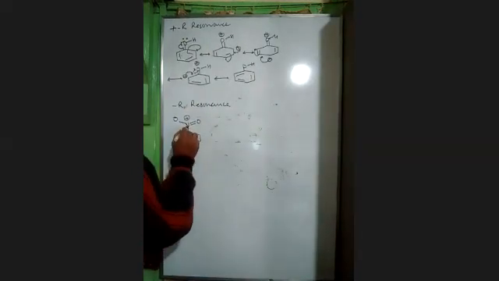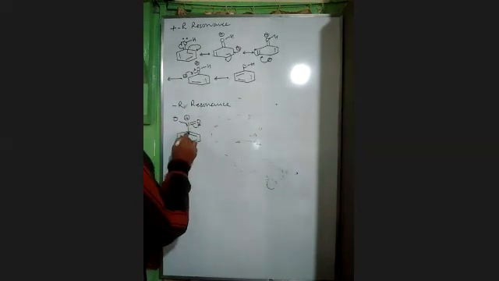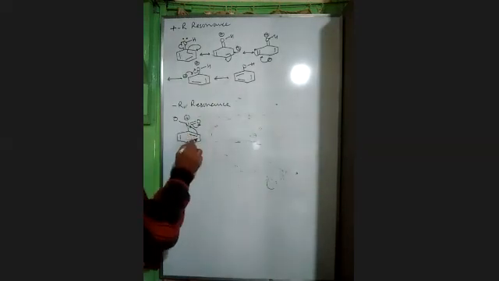Here nitrogen is electron withdrawing. This oxygen will first pull electrons from this nitrogen, and the nitrogen becomes electron deficient. Immediately, this nitrogen is going to pull electrons from here.